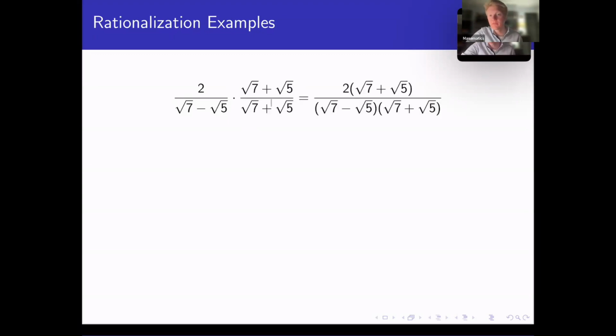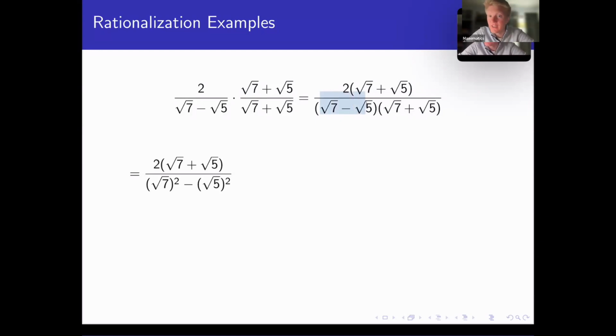Okay, well, let's multiply these things together. 2 times the square root of 7 plus the square root of 5, over the square root of 7 minus the square root of 5 times the square root of 7 plus the square root of 5. What you should notice is this is a minus b times a plus b. That is a squared minus b squared, right?